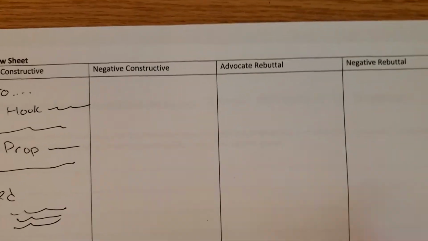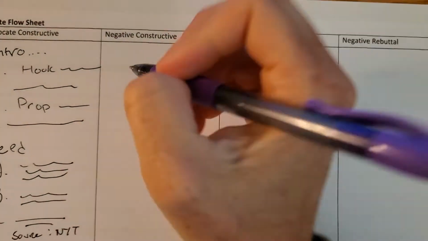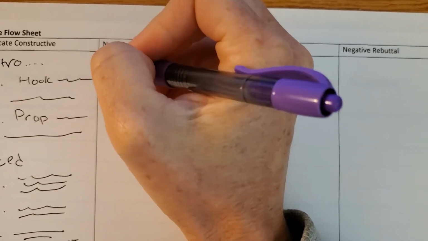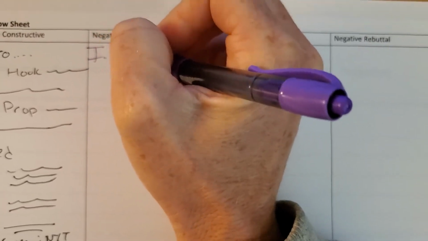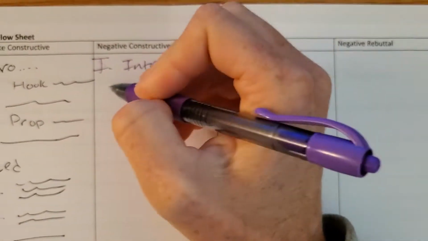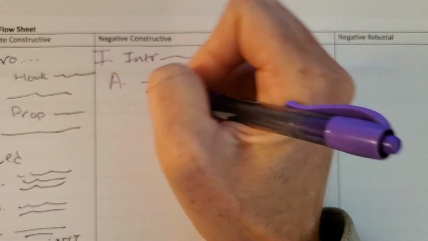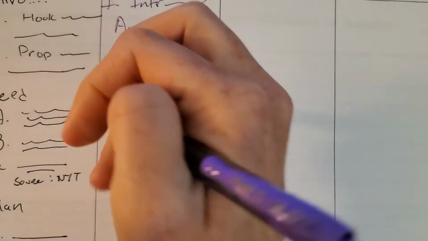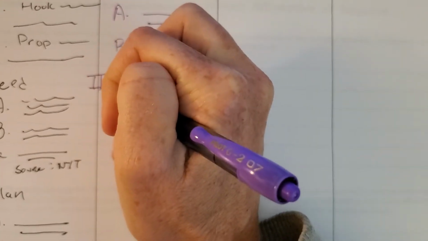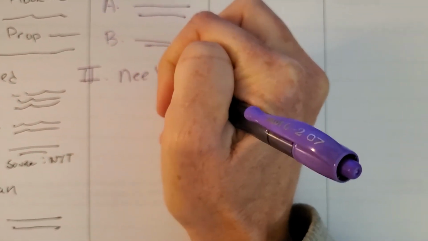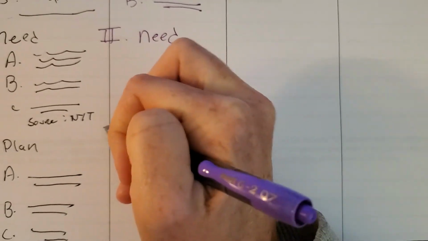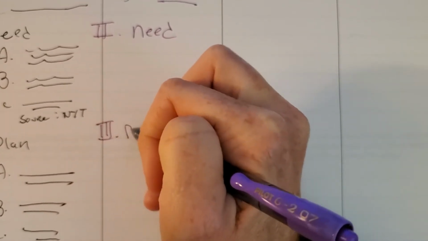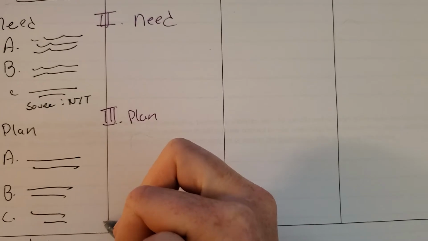And then for the advocate, the negative, while they're talking, I know it's going to be the exact same format. Intro, whatever they said, a couple things from their introduction. Maybe they had 3 things, I don't know. And then it's still going to follow that same need, plan, advantage.